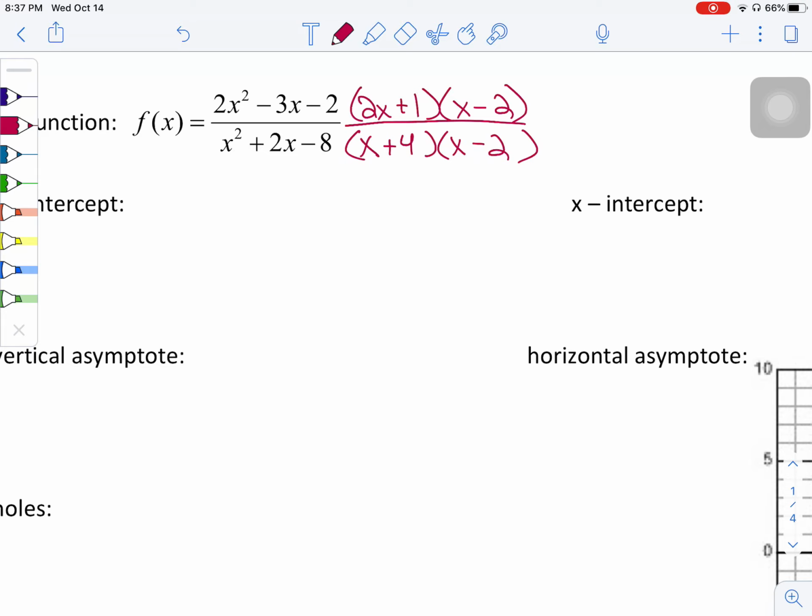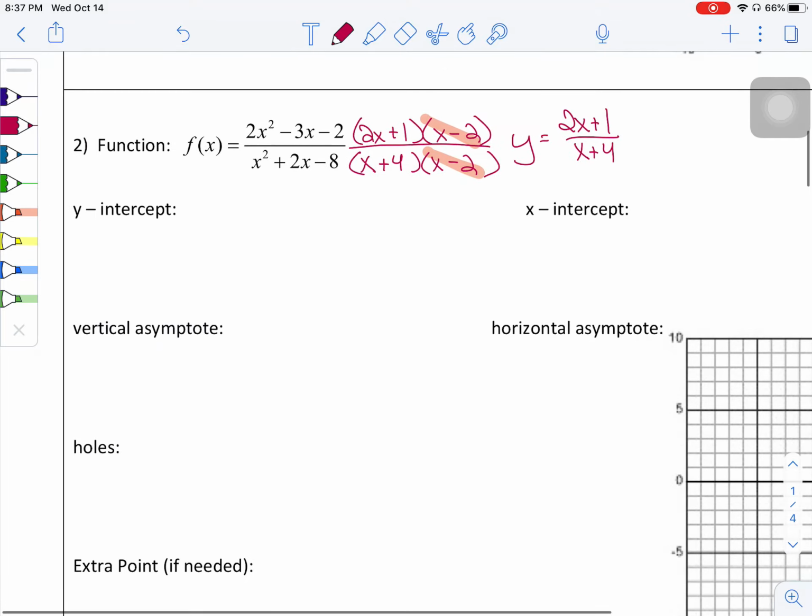I want to do a quick check on that. 2x squared minus 4x plus x, and then minus 2. All right, so that's a good factored form. I can then divide out those 2 common factors. So the simplified version of this is going to be 2x plus 1 over x plus 4.